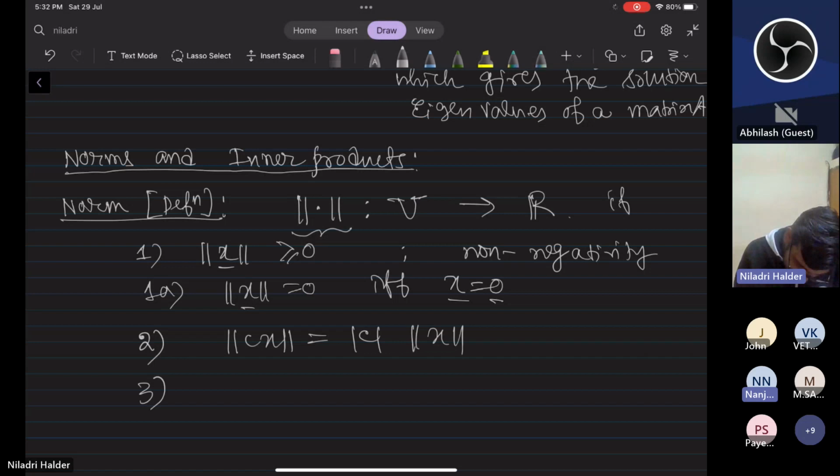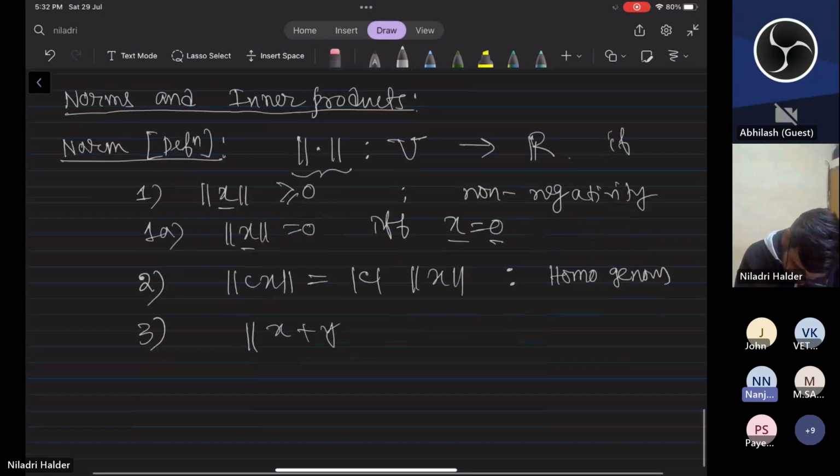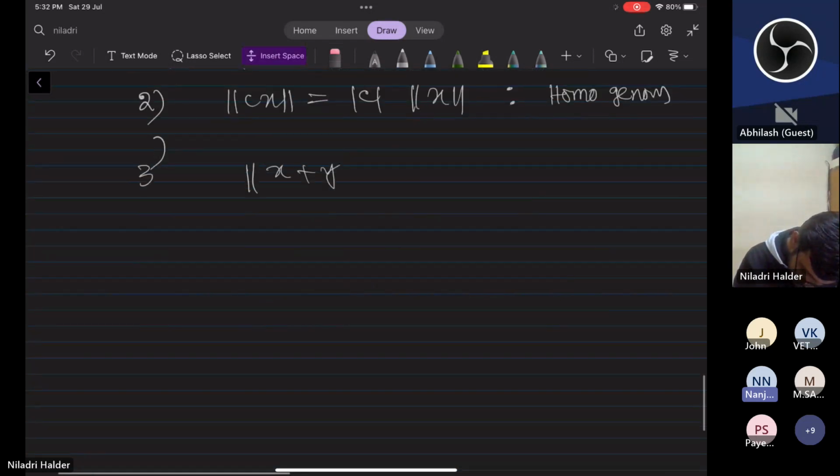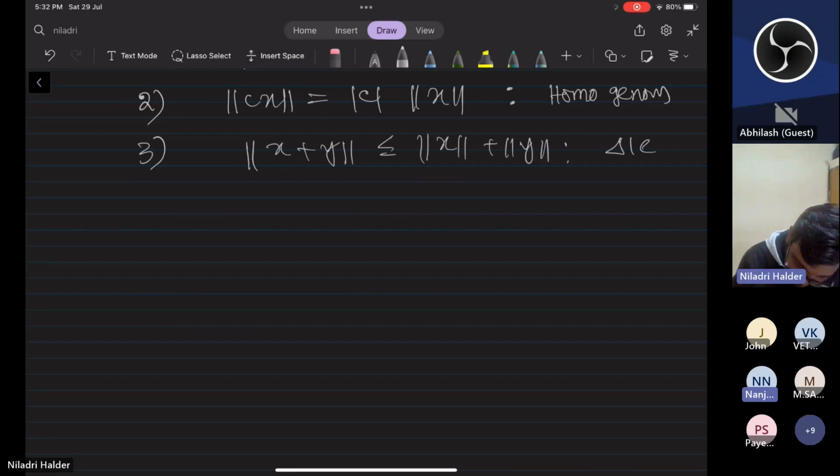And number three is called the triangle inequality.